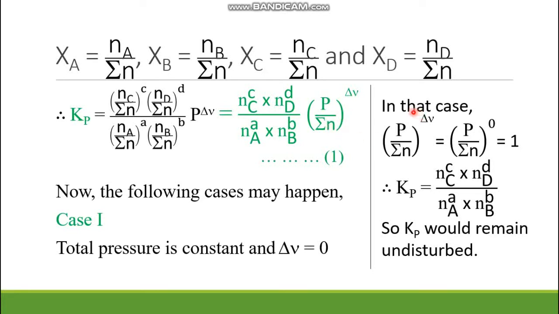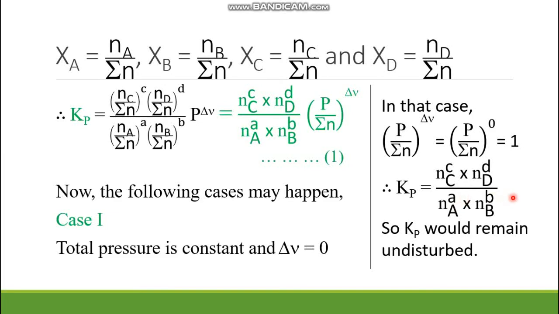This part within the bracket becomes 1, definitely something to the power 0 must be equal to 1, and in that case Kp has the expression nc to the power c, nd to the power d, over na to the power a, nb to the power b. So there is no change in the value of Kp. Kp remains undisturbed here because we are getting this equation.